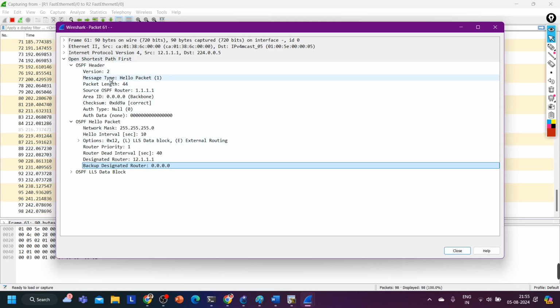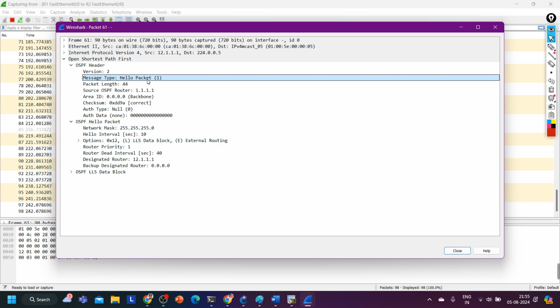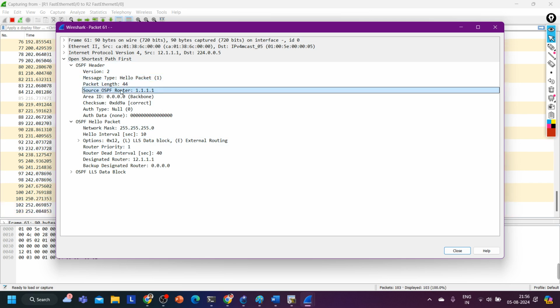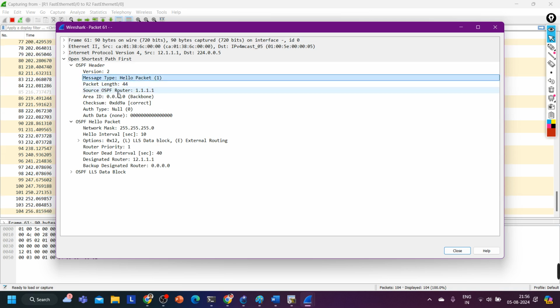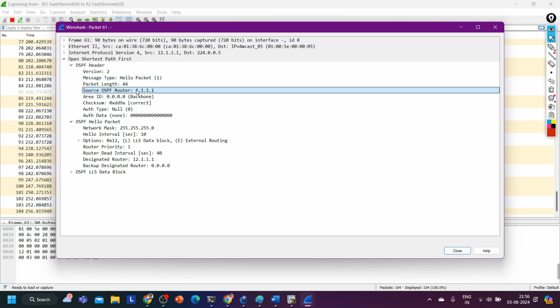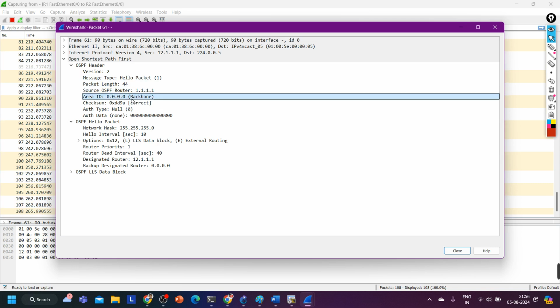So out of all this information, these are the OSPF neighborship parameters. Hello time must match. This is type of message, router ID must be unique. So router 1 has 1.1.1 router ID and router 2 has 2.2.2 router ID. So both are unique. So router ID is unique.